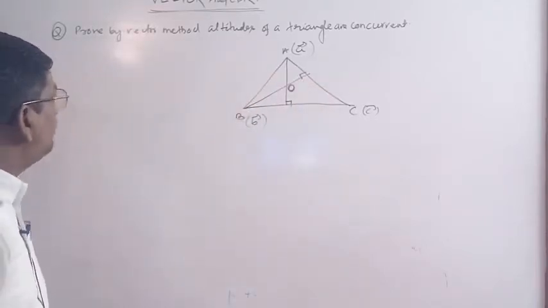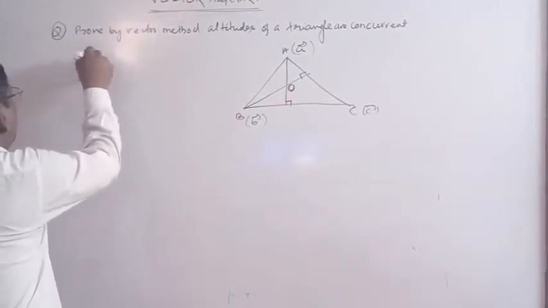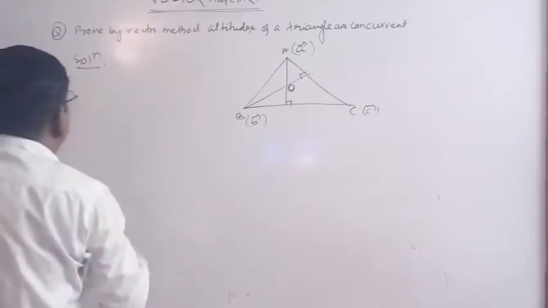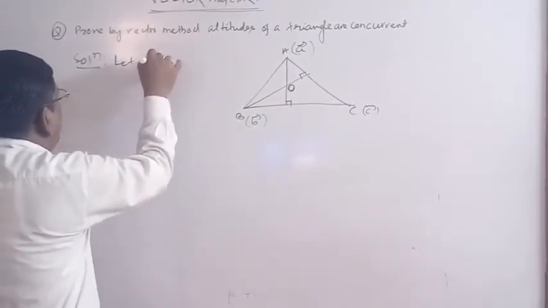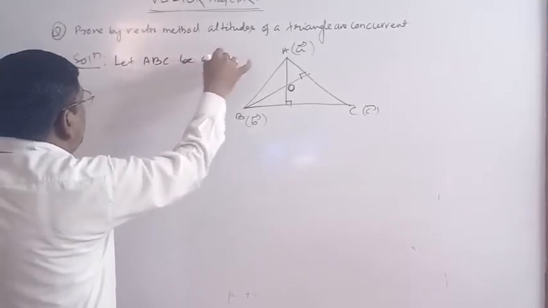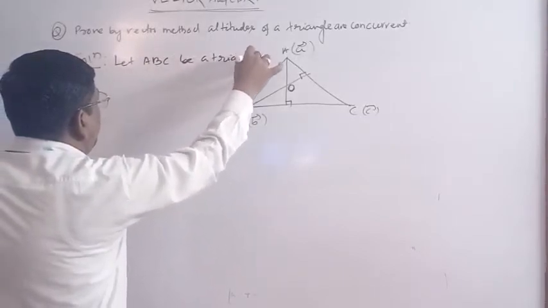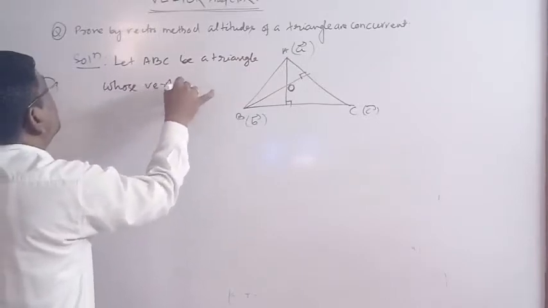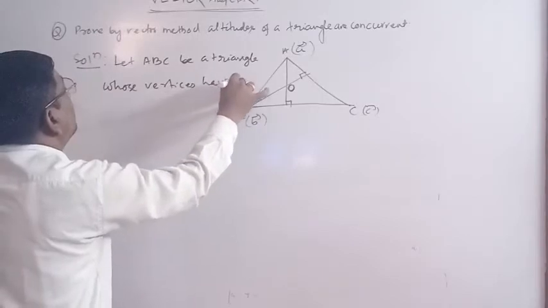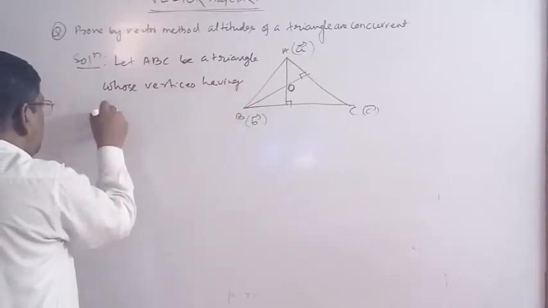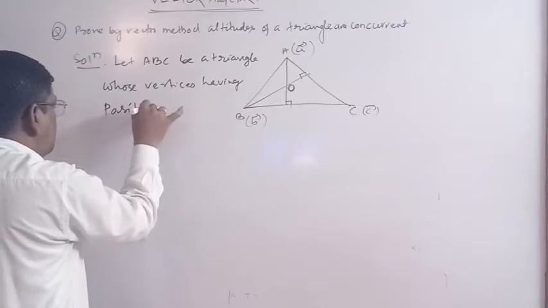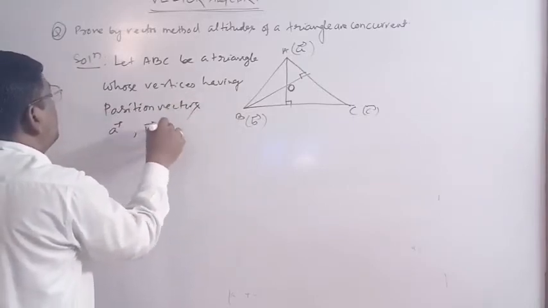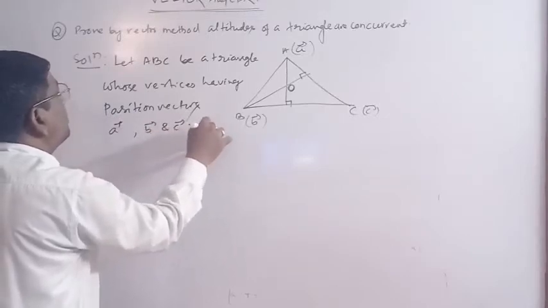Solution: let ABC be a triangle whose vertices have position vectors A, B and C respectively.